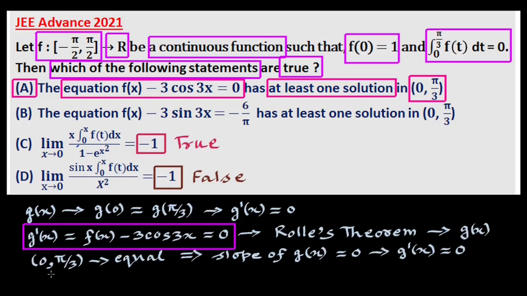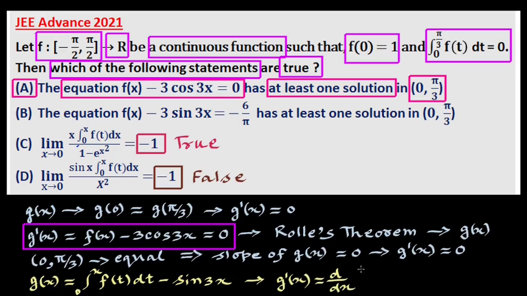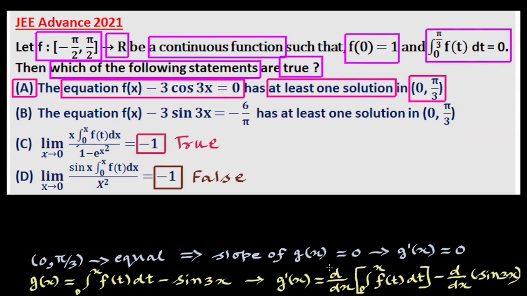From this, we can write g(x) equals integral from 0 to x of f(t) dt minus sin 3x. Now, g dash x will be d by dx of the integral from 0 to x of f(t) dt minus d by dx of sin 3x. For finding the derivative of this definite integral, we have to use Leibnitz Theorem.